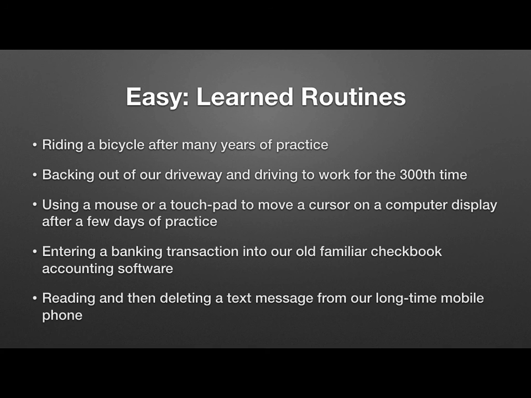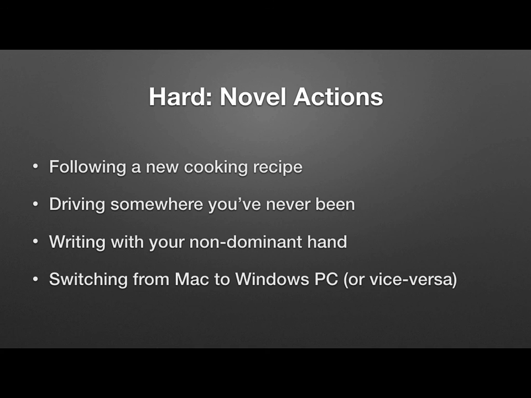That's kind of scary, but it's also fine because these things just auto run. But there are things that are not as easy, like navigating somewhere that you're not familiar with, or following a new recipe. Trying to write with your other hand, you should do that. Switch from Mac to Windows. I challenge everyone to do that. Whichever one you're on, switch to the other and see how it goes. You should use them both.